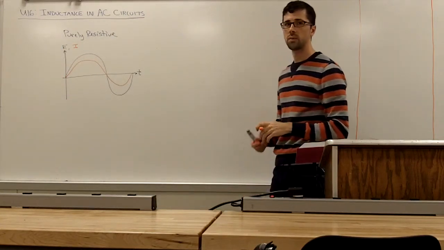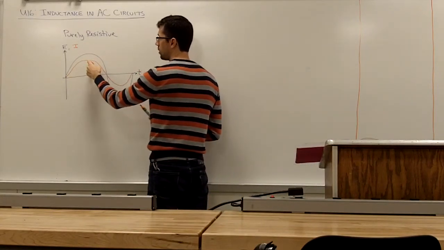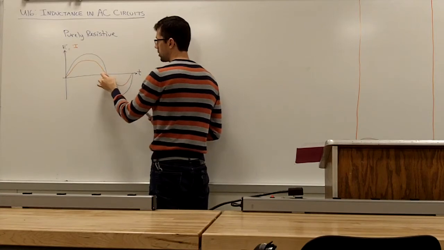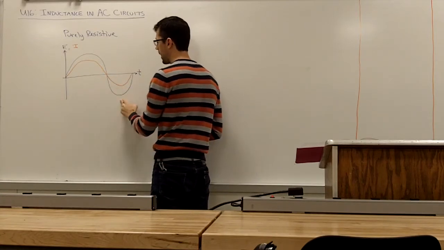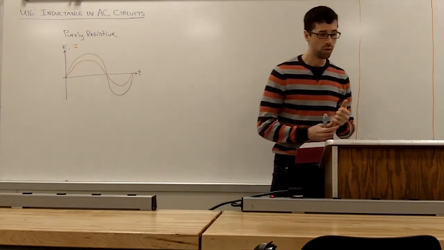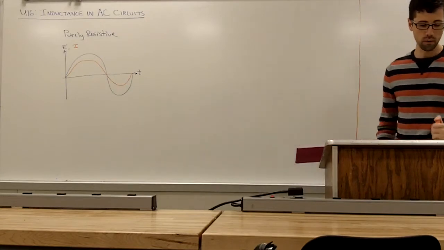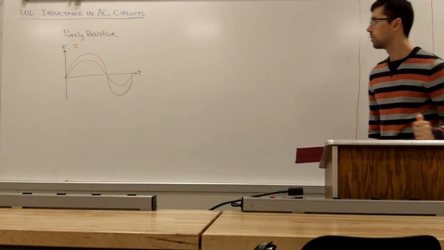And when I mean in phase, I mean they are in time with one another. So they both start at zero, they both peak at the same time, they both hit their zero crossing at the same time, they both hit their maximum negative value at the same time. So this is what we would say is in phase. With an inductor, that will no longer happen. We'll actually find that the current will lag the voltage in regards to phase.